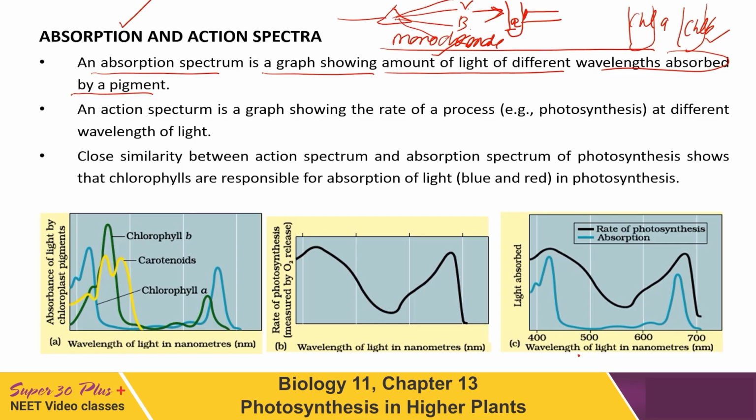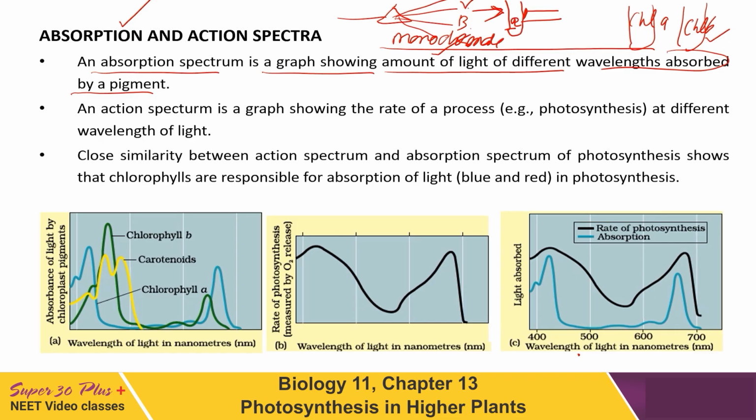This is the wavelength of light in nanometer, and this is the absorption of light. Say, for example, this is chlorophyll A. It has absorbed the maximum light in this region and then in this region. While this is chlorophyll B, it has absorbed the light of this region and this region. Two peaks we have here.